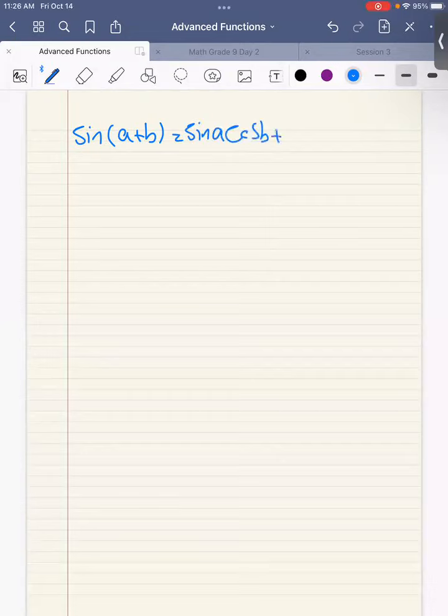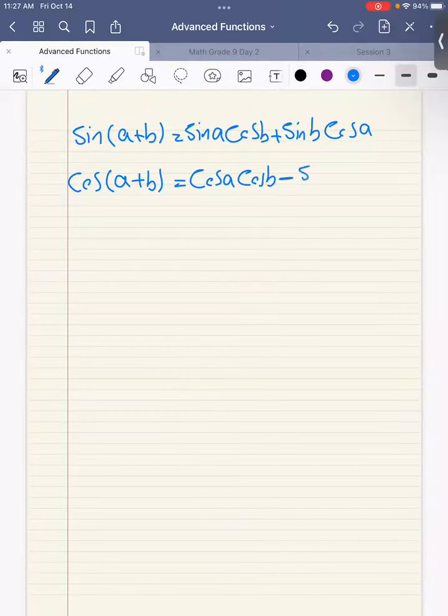For example, we saw that sine of A plus B is equal to sine A cos B plus sine B cos A. And cosine of A plus B is equal to cos A cos B minus sine A sine B. And if you had sine of A minus B, then this would be just sine A cos B minus sine B cos A. So sine of A plus or minus B is sine A cos B plus or minus sine B cos A.